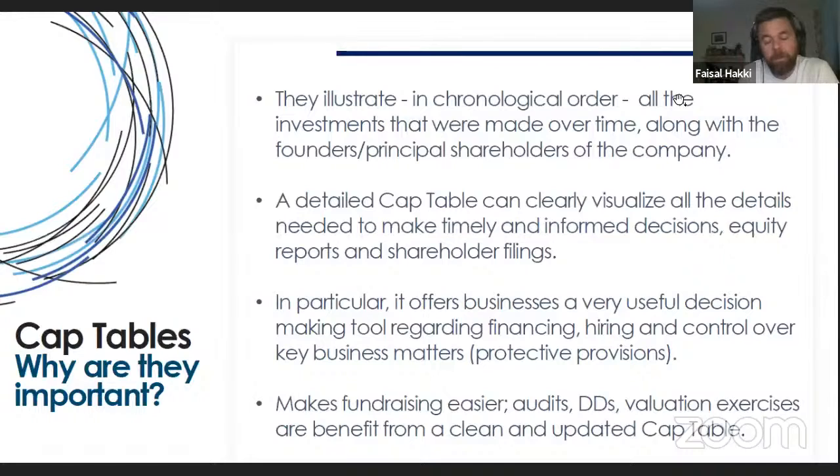So if, for a startup, the equity is, let's say, ample or available, founders and startups tend to be free-handed in the way they dish out equity. They put less value on it, and they essentially look at it differently than the way they should.